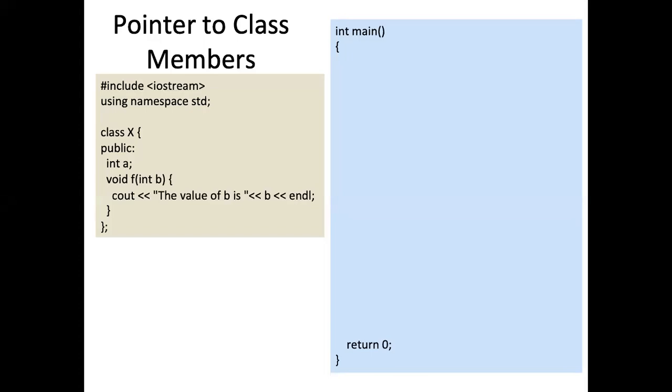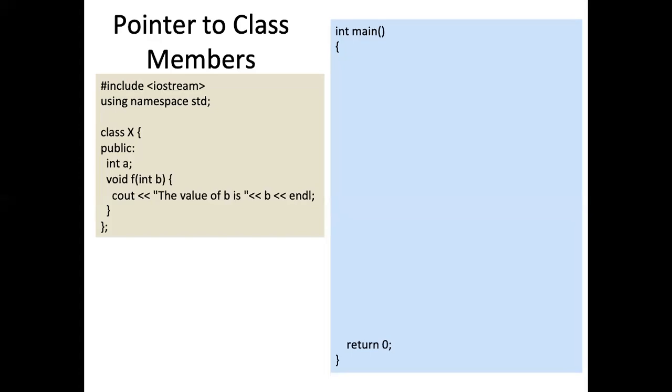And so you have data members and you have the function members. So you can define separate pointers that could point to each of these data members.